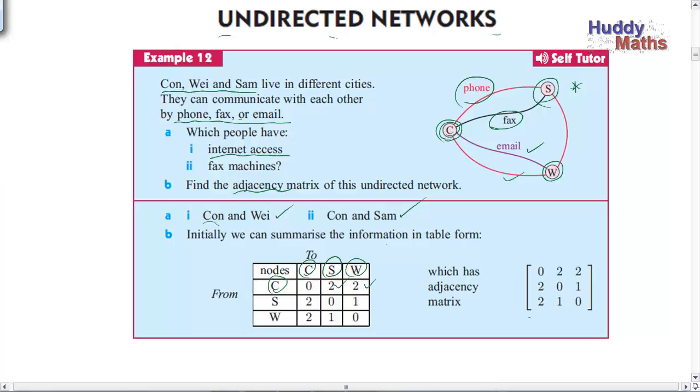So can you see, we're summarising all the ways these people are individually connected. Sam to Con will be the same because we can go backwards and forwards. Sam to Sam, none, he's already there. Sam to Way would be 1. Then Way to Con, 2, same as Con to Way.